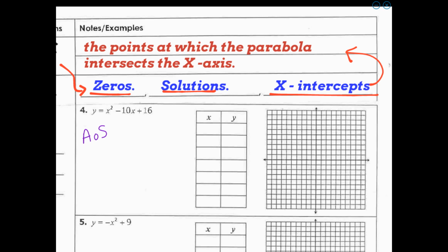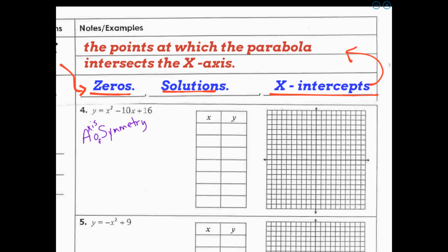Before we put this one on our calculator, does anybody remember what AOS stands for? Let me give a hint here. Axis of symmetry. We talked about it on the first page, right?